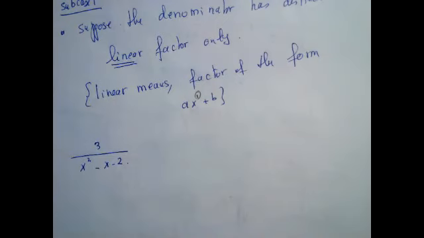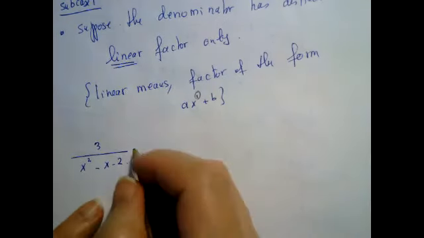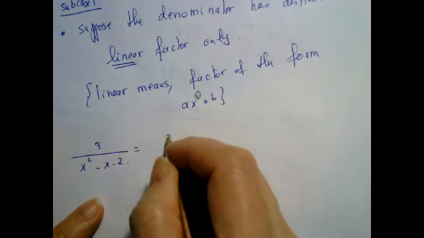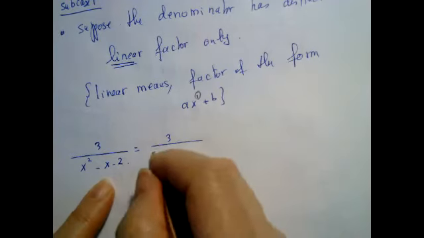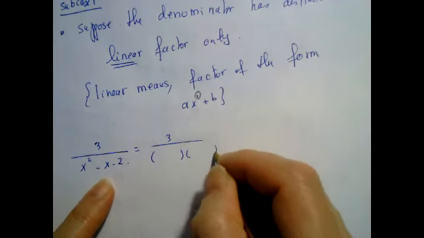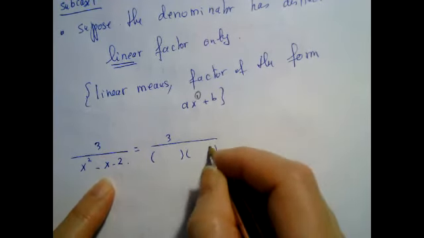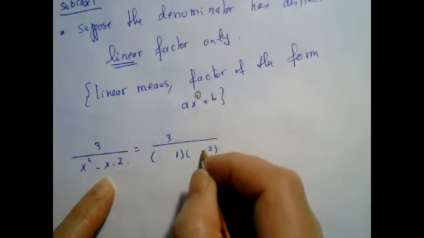My goal at the end is to integrate, but now I'm not going to do that. How do we decompose this? First, we totally factor out the denominator. It's going to be x minus 2 and x plus 1.